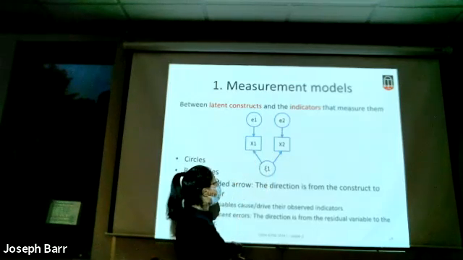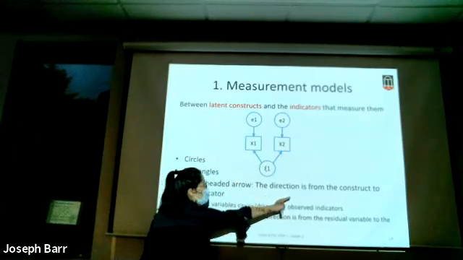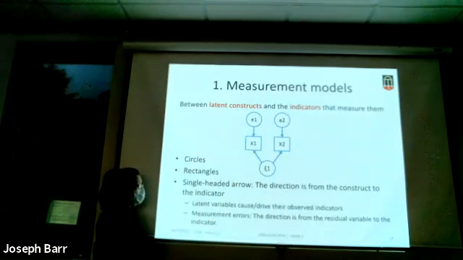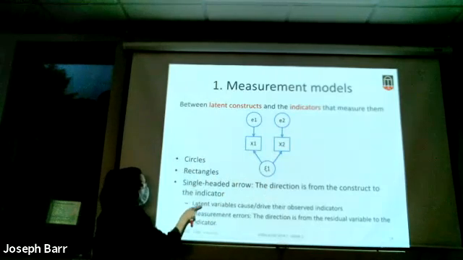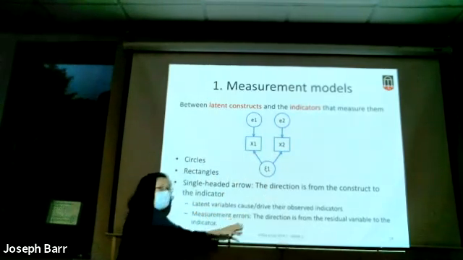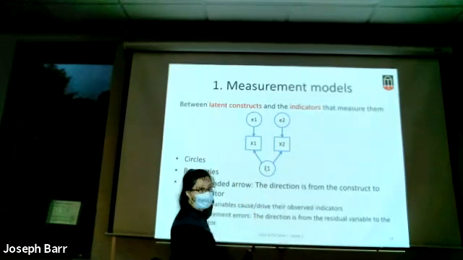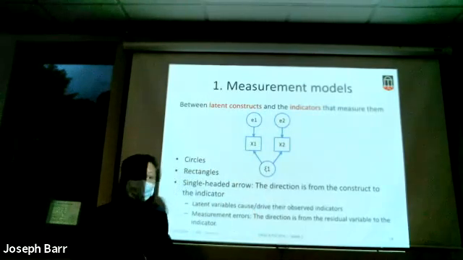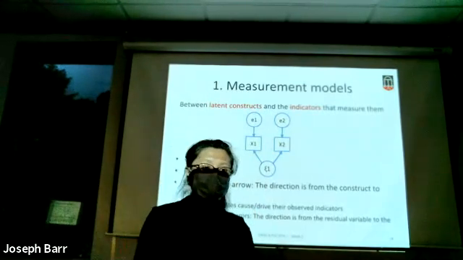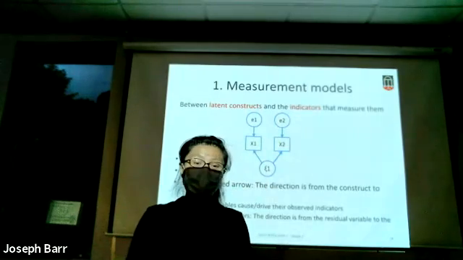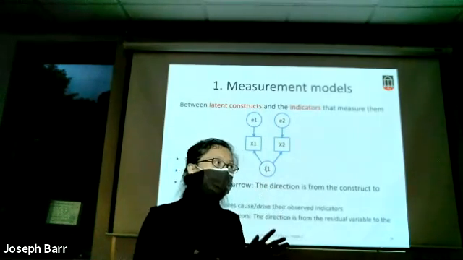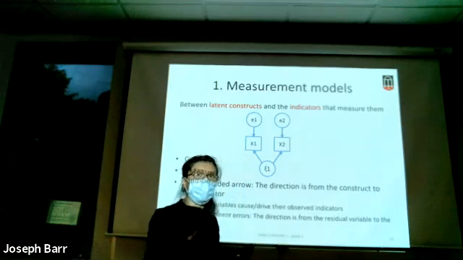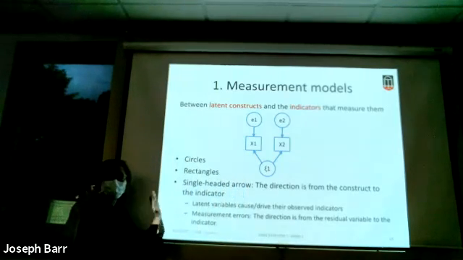Then the observed variable will be large. So the direction is from the construct to the indicator. That's the single-headed arrow. It means latent variables cause or drive their observed indicators. Again, that's very important logically in SEM. In your course project or homework, if you reverse the direction, I may take some points off because you don't know the underlying logic.